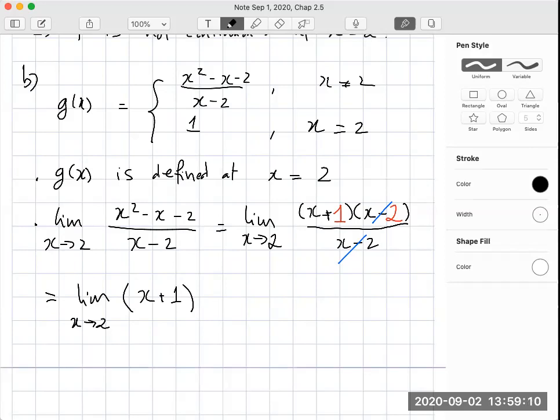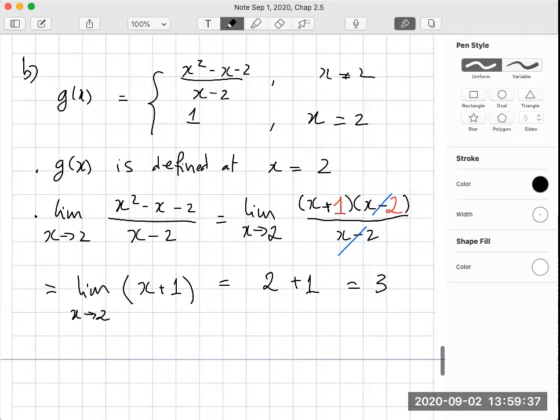It means that we can substitute the value of x is equal to 2 here. It is continuous all over the domain, therefore it is continuous at 2, right? It means that we are allowed to substitute this value. Here it becomes 2 plus 1, which is 3, right? So we found that the limit of this is equal to 3.